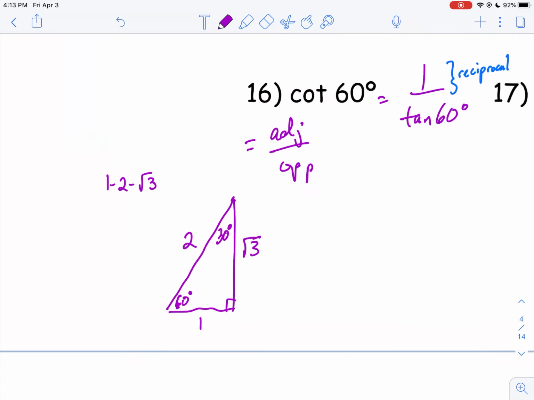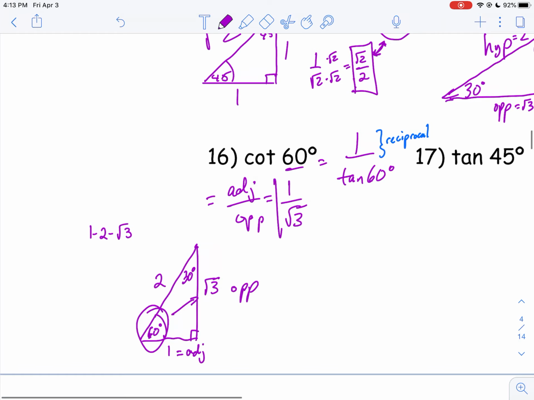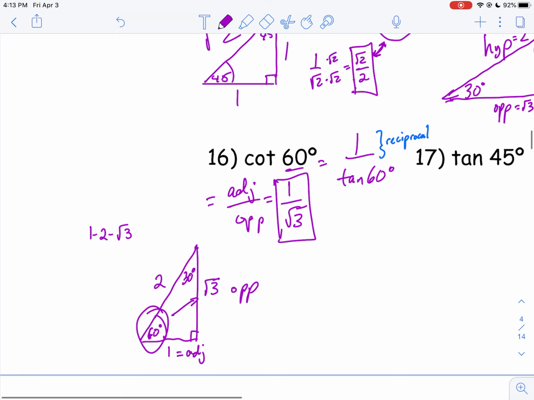So now we need to go back and figure out what my angle is, 60. So I'm looking here. This side then is opposite. This side is adjacent. So adjacent is 1, opposite is the square root of 3. And you are finished. If you want, you can rationalize. You multiply by the square root of 3 over the square root of 3. That gives us the square root of 3 over 3. Either of these would be fine.